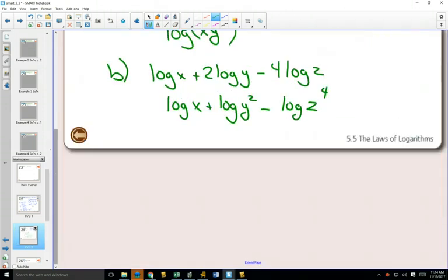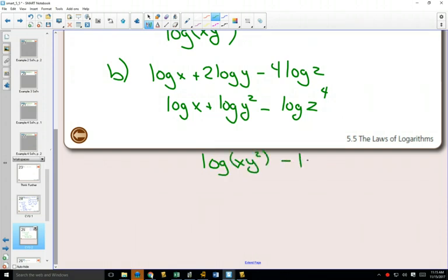At this point, we've got a log plus a log minus a log. You've got a couple of log laws that you could put together, and the order really doesn't matter. I'm going to go from left to right. If I do log x plus log y squared, adding those together would be multiplication. Can you see that you would get log xy squared?